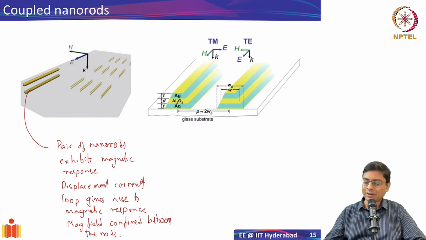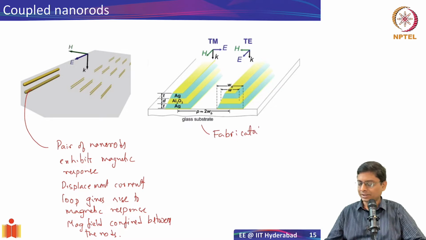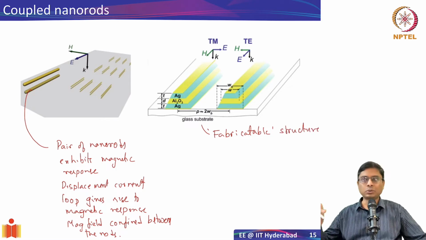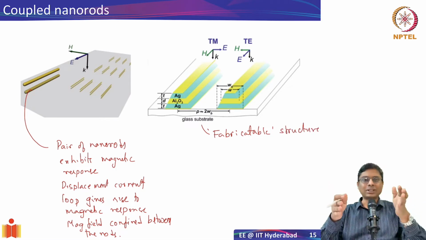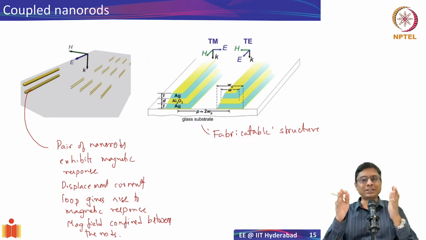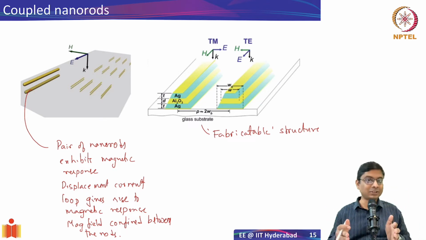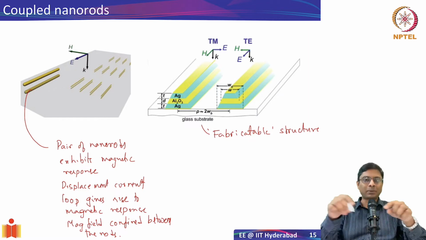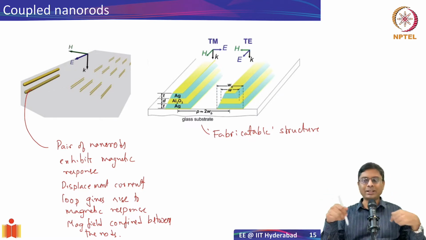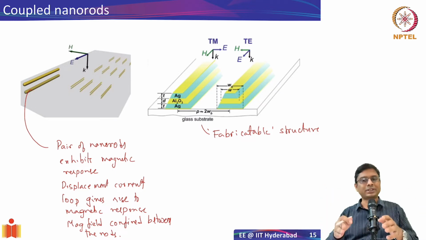This is, I would say, a more fabricatable structure, wherein instead of having two rods like this, you perform what is known as a lithography process, wherein you apply a photoresist and then you make a hole where you want a metal to be, deposit metal, and then deposit alumina, and then deposit silver again.